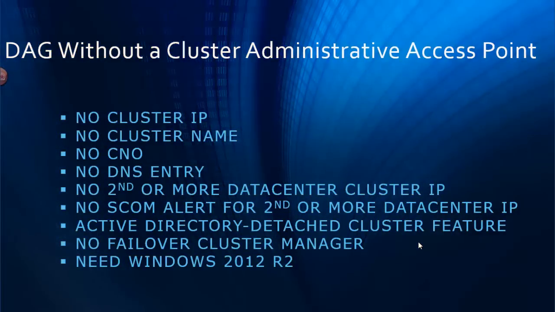All right, so this came with a flash: DAG without a cluster administrative access point. No cluster IP. How good is it? Whenever you configure the DAG, you assign one IP per subnet, right? So if you have 3 subnets, 3 extra IPs, and your DAG is mounted on one IP, and your network team is pinging and asking, these 2 IPs are dead.